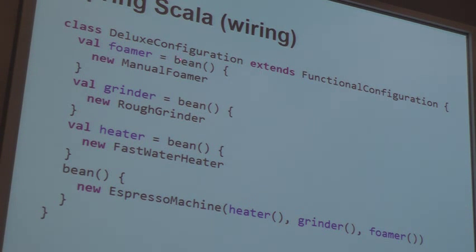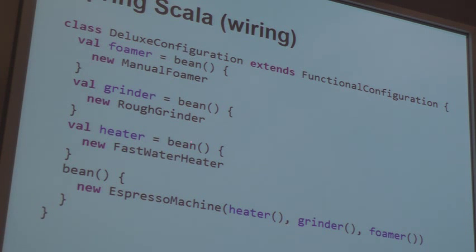The bean method registers a bean creation function, which is this thing, and it gives you a lookup function, if you want to call it like this. So you're basically saying you're creating a new bean in the application context or in the configuration, and when you need an instance of this bean, the body of this function that is registered here will be called, and it will create this manual folder, which is the implementation.